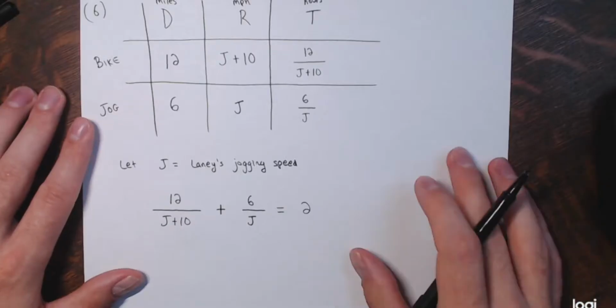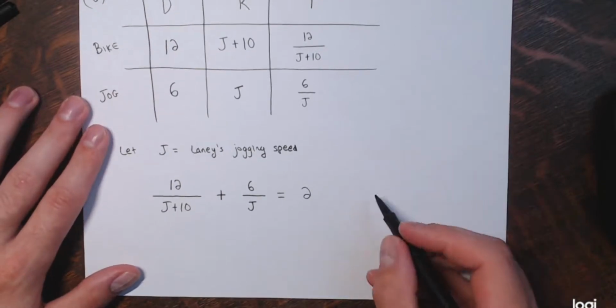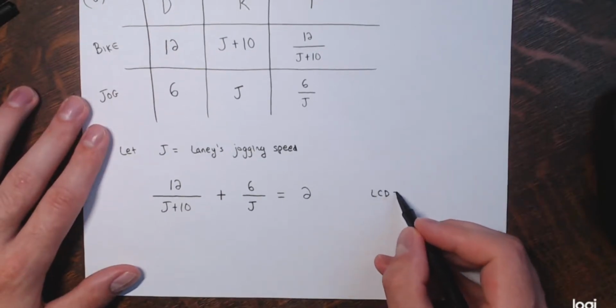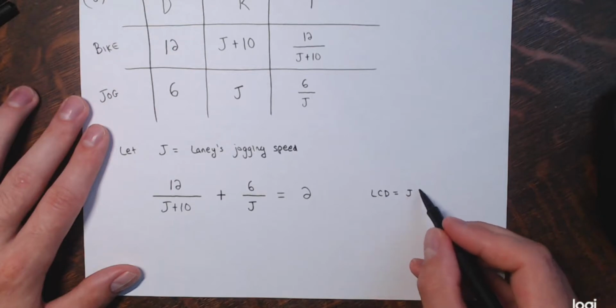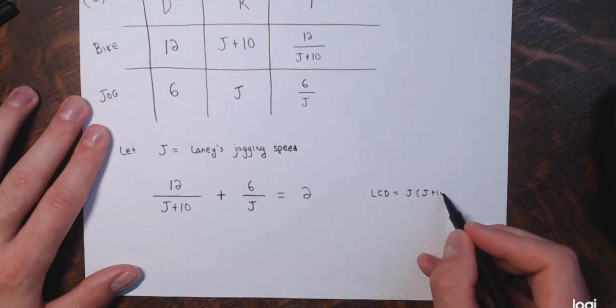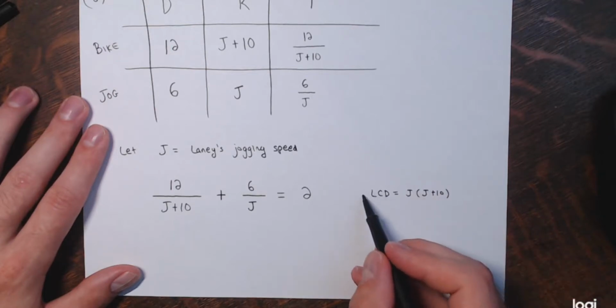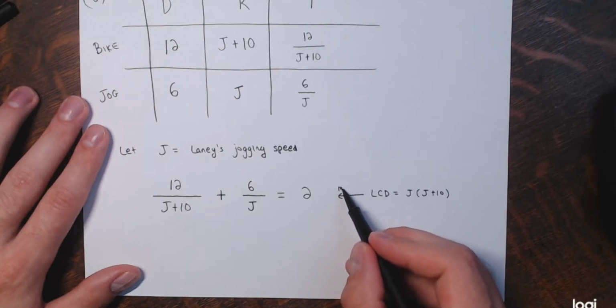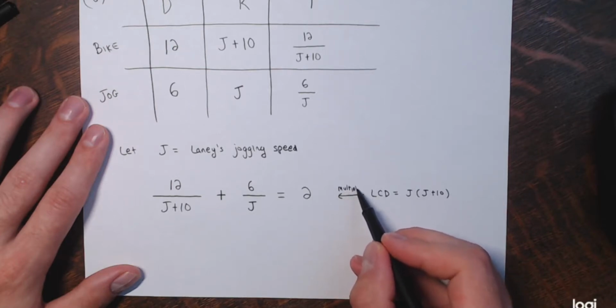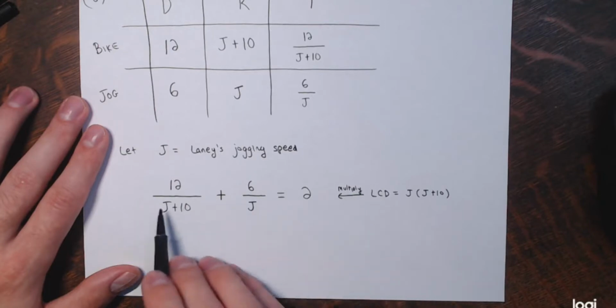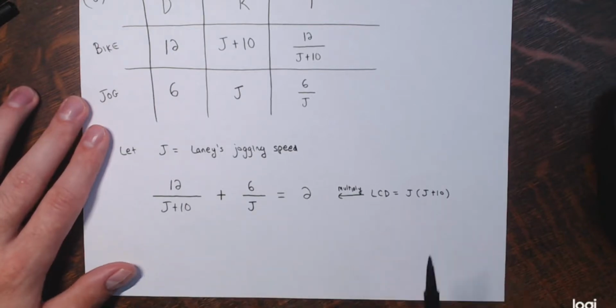Right. So again, easy enough. The LCD is just J times J plus 10. And I'm just going to write the word multiply here. We're multiplying everything by J times J plus 10.